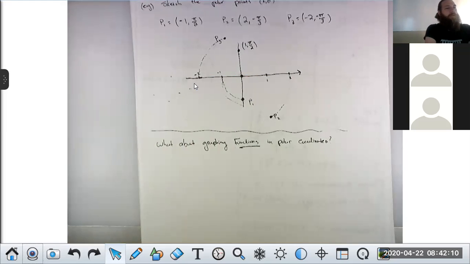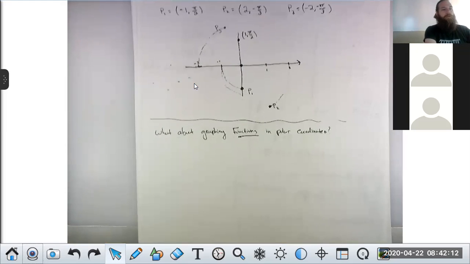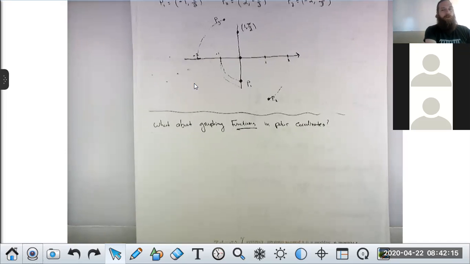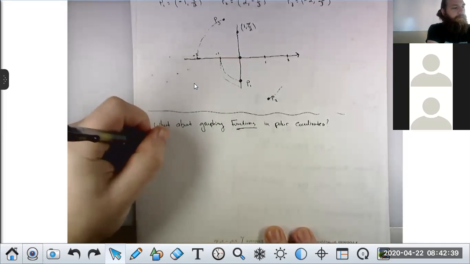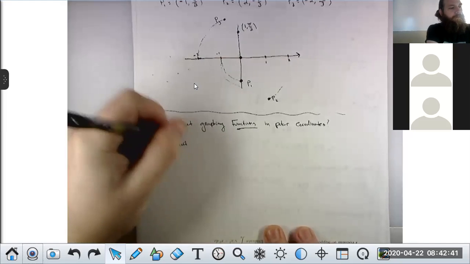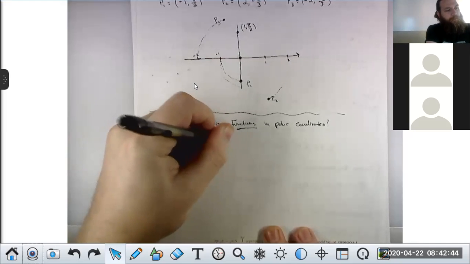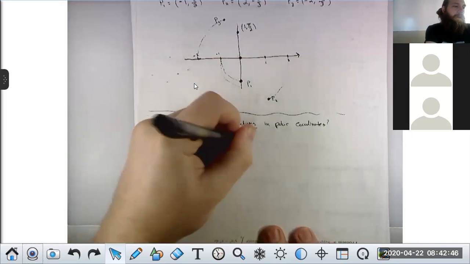It turns out the types of functions we like to graph in the polar coordinate system are functions that are either very simple, constants, or functions that exhibit some sort of rotational symmetry. So those are functions whose origins are geometric in nature, like sine and cosine, and variations on those. The first couple that I would like to look at, though, are some constant functions.